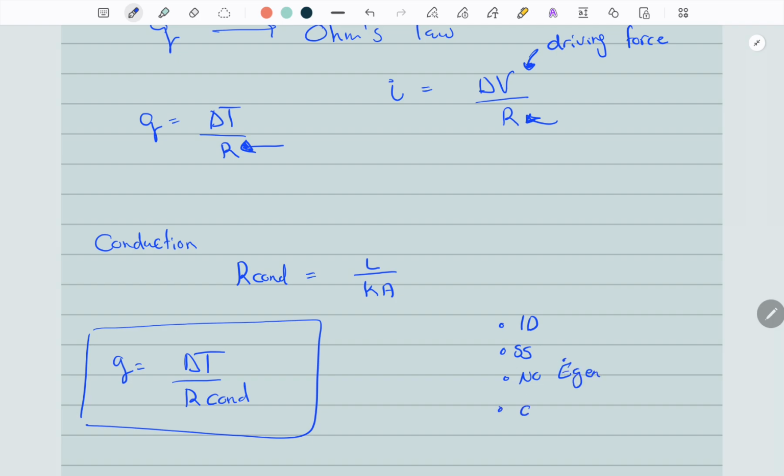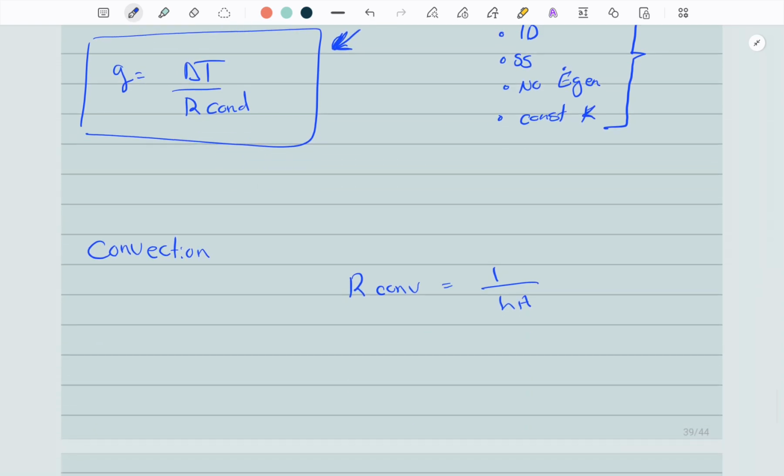And 4, constant K, meaning that the thermal conductivity is not a function of temperature. Unless these 4 requirements are met, this equation here can't be true. It's only true if these 4 requirements are met. Okay? Whereas in convection, this equation is true in all circumstances.